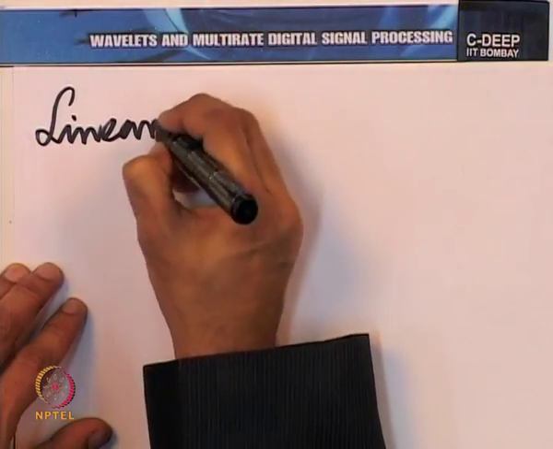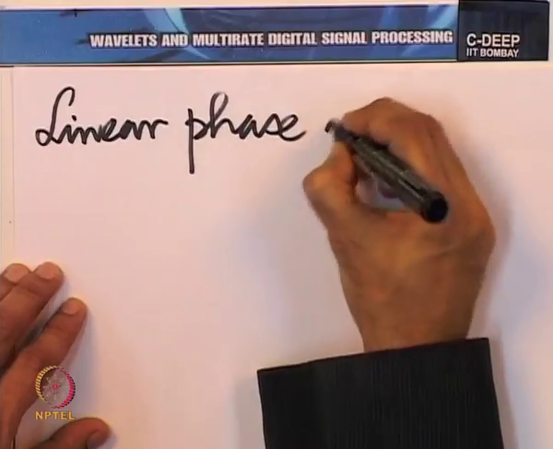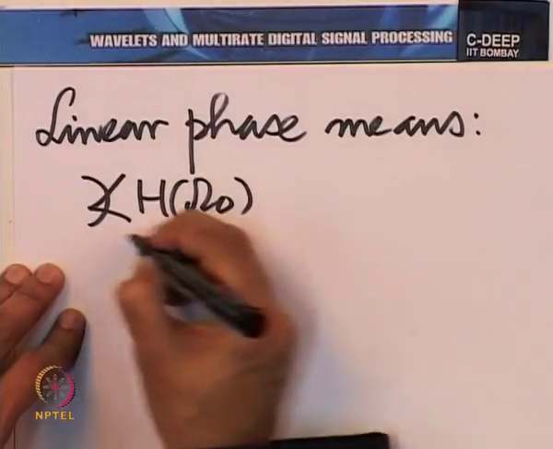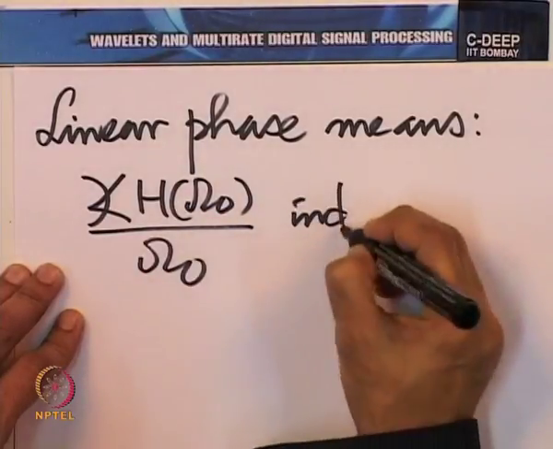Now, if you must live with a phase response, what kind of a phase response would you like to live with? You would like to make sure the phase response does not treat different frequencies differently. So, if it has to shift a sine wave in time, so be it, but then shift all sine waves by the same time, and that is exactly what we are saying when we talk about linear phase. Linear phase means angle h omega naught by omega naught is independent of omega naught.